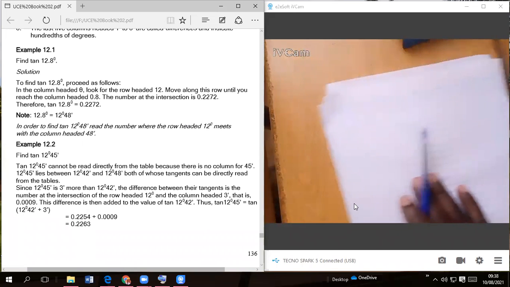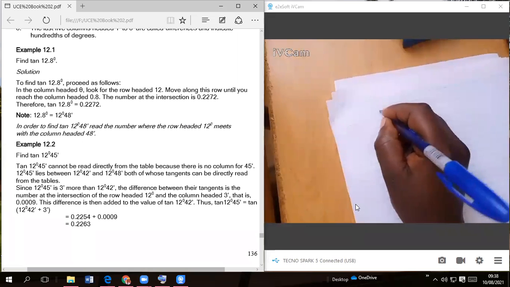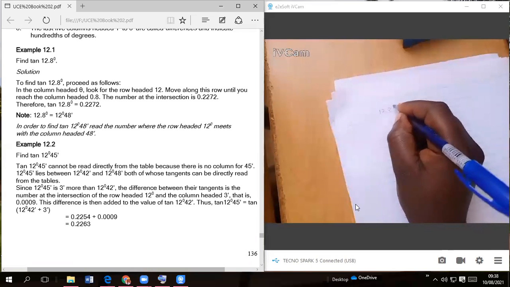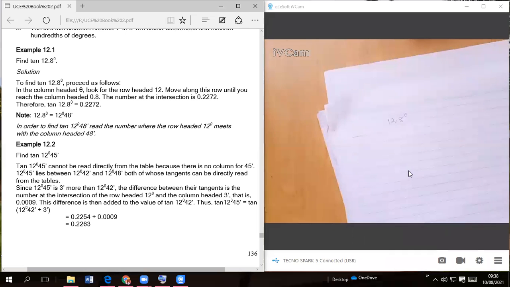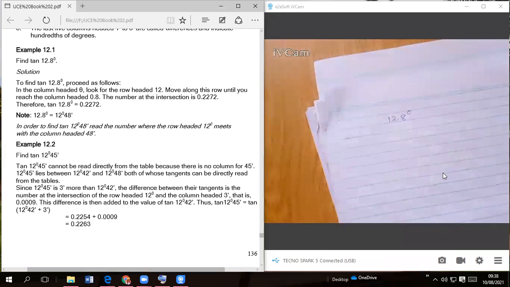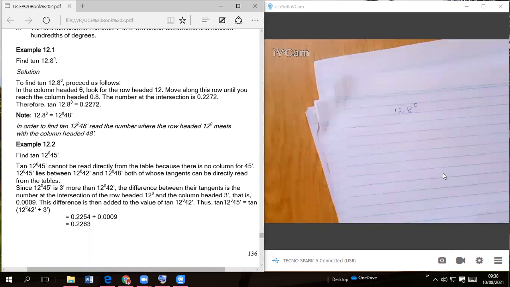If you are given an angle, let's say 12.8 degrees, and you want to change that angle in terms of degrees and minutes, what do you do?